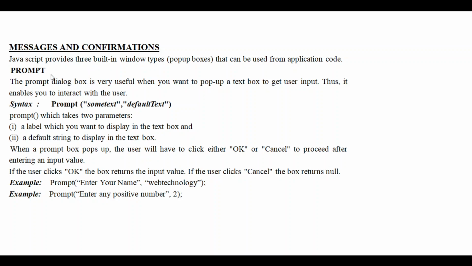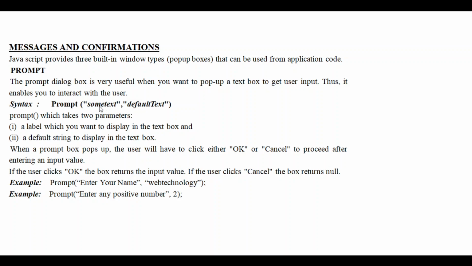First one, prompt. The prompt dialog box is very useful when you want to pop up a text box to get user input. Thus, it enables you to interact with the user. In this method, we have two arguments.